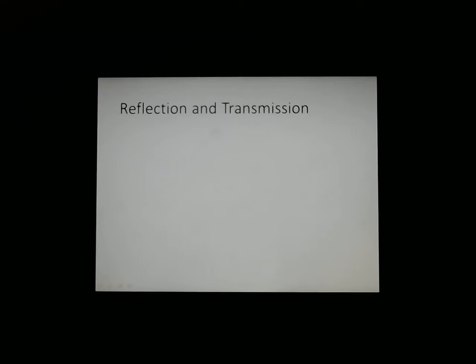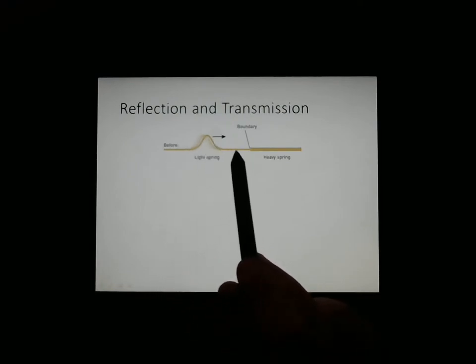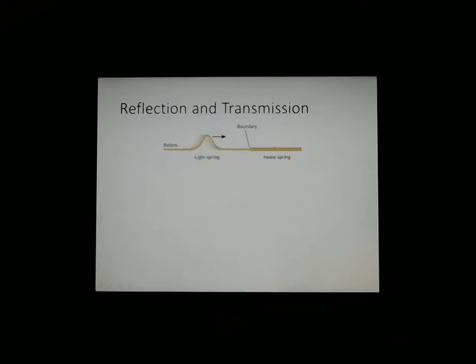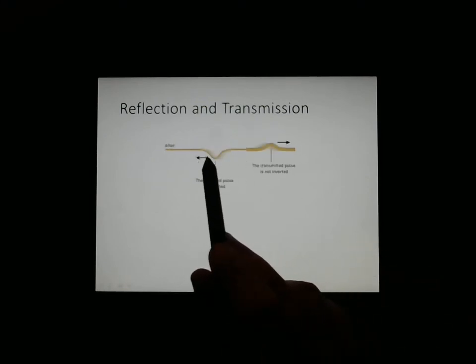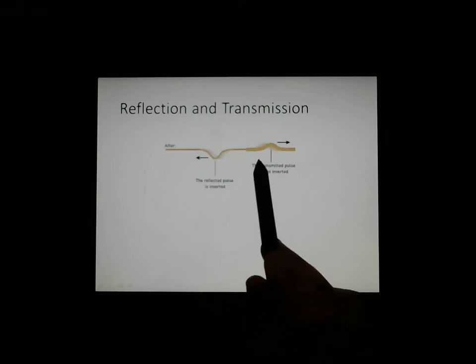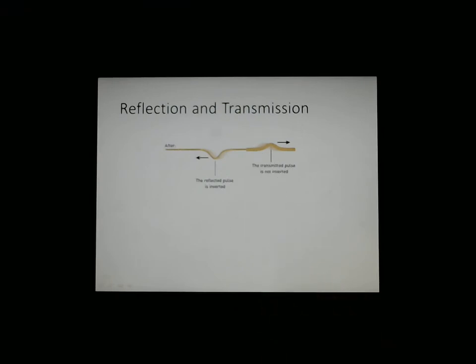So if a wave goes from a light spring to a heavy spring, here we have a drawing, we can see the light spring is quite thin compared to the heavy spring. Okay, it gets to this boundary, what do you think might happen? Well, what we see is this. Some of the energy gets reflected back, but it's upside down. Some of the wave continues on, but you notice here that it's quite a bit smaller.